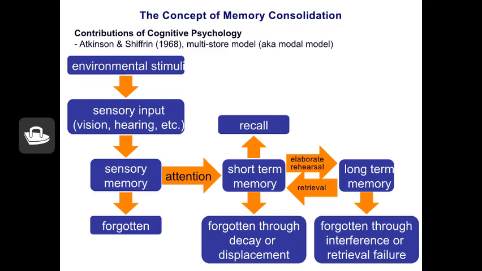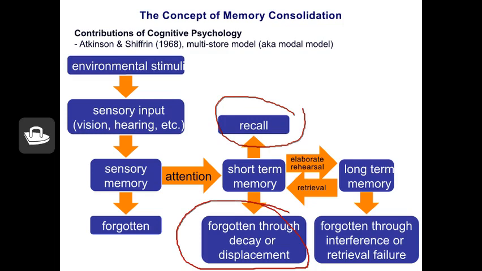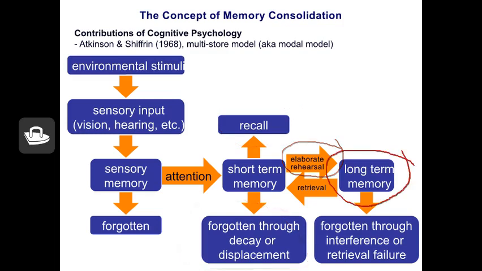Okay, from the short-term encoding, the memory can actually be used or it can be forgotten. Then, according to this model, rehearsal or repetition of items in short-term memory results in transfer of the information to long-term memory. And this transfer to long-term memory is what we now call consolidation.